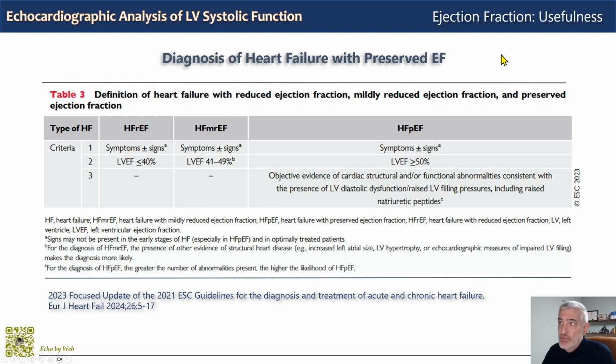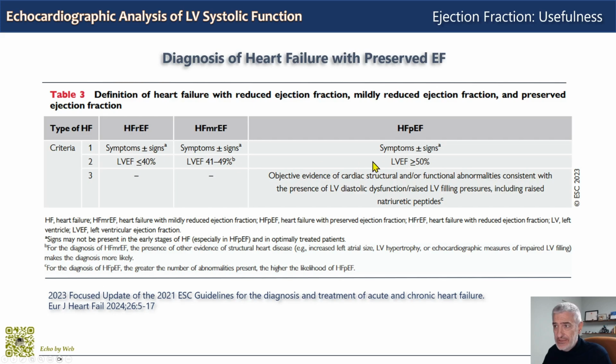Now let's look at the usefulness of the determination of ejection fraction. Being able to accurately and reproducibly determine ejection fraction is central in our work as cardiologists and echocardiographers. These are the new definitions of heart failure phenotypes: heart failure with reduced ejection fraction, mildly reduced and preserved.